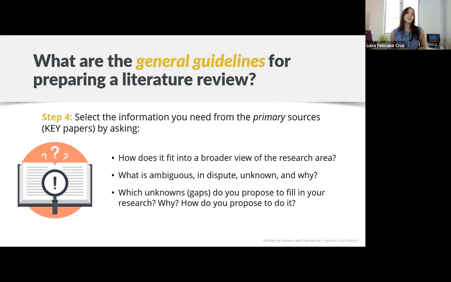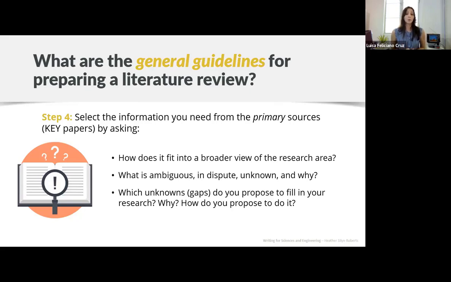If there's something in the article that's ambiguous that you don't understand very well, if it's something disputable, if there's something that was not explained enough, or if it's unknown and why that happened, usually once you find these, you can ask yourself then which unknowns, which knowledge gaps can I fill in my research area?